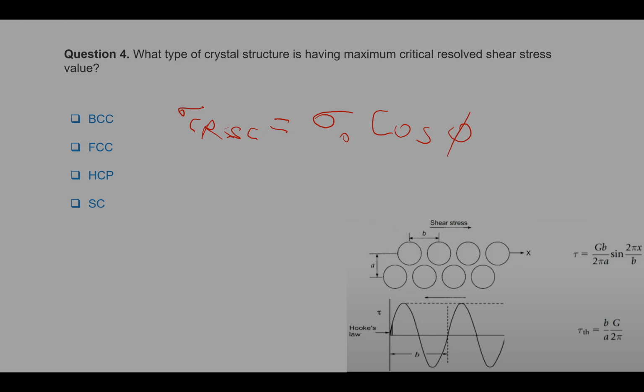cos phi cos lambda, and this cos phi depends on the angle, which depends on the plane orientation.